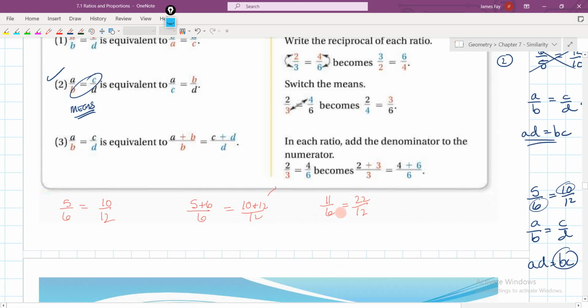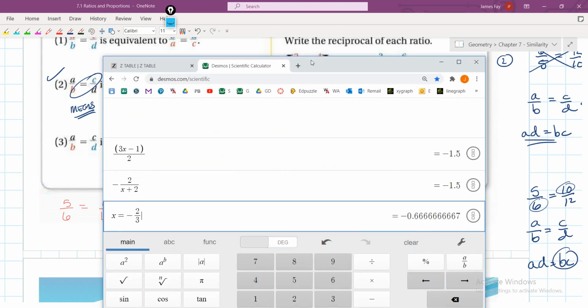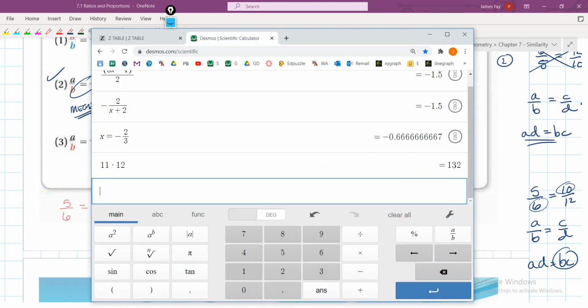Okay, if I multiply these, 11 times 12, does that equal 6 times 22? 11 times 12, 6 times 22. We do see that they're both 132.